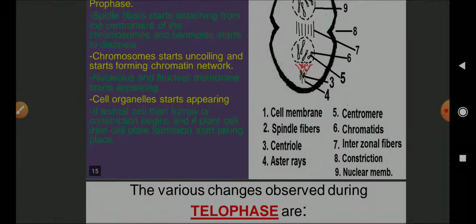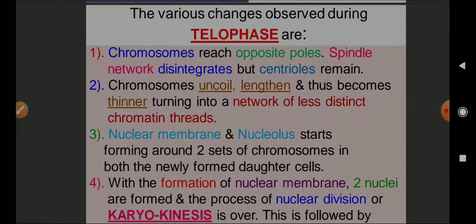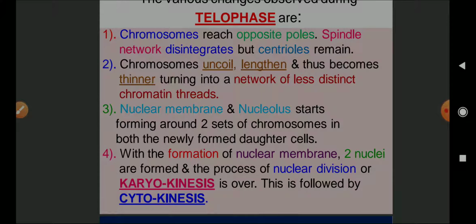So let us move to another diagram of the changes taking place in the telophase. Chromosomes reach opposite poles and the spindle network disintegrates, but the centriole remains, and slowly it also disappears by the time cytokinesis takes place. Chromosome uncoils, lengthens and becomes thinner, turning into a network of chromatin threads. Nuclear membrane and nucleolus start appearing.